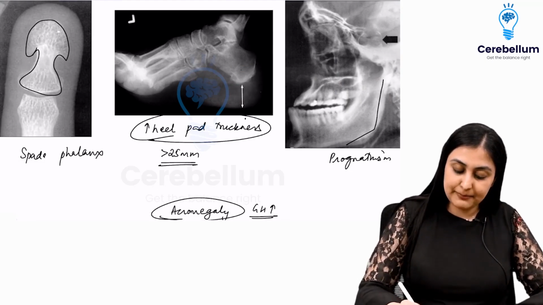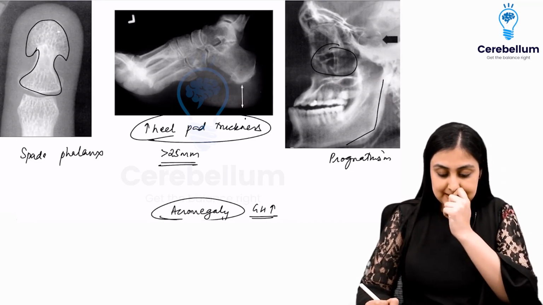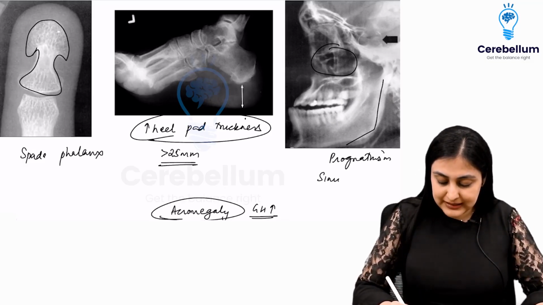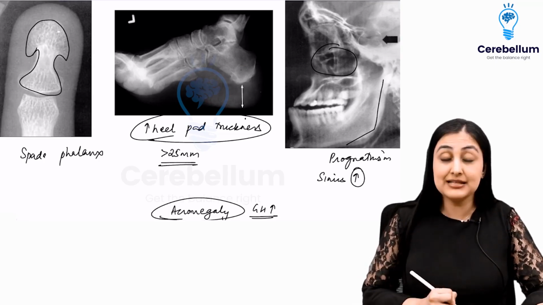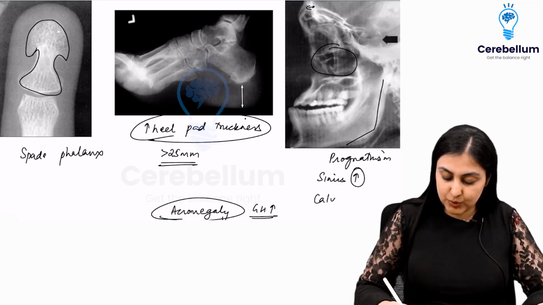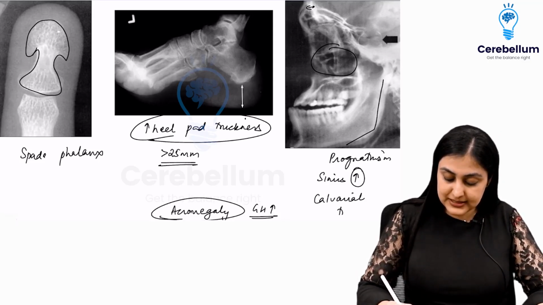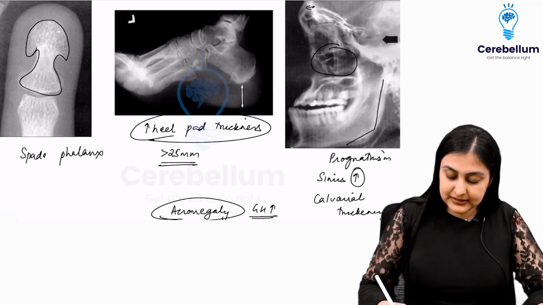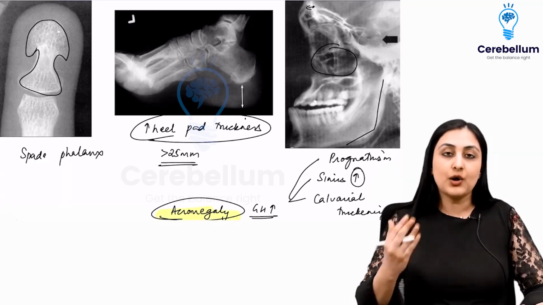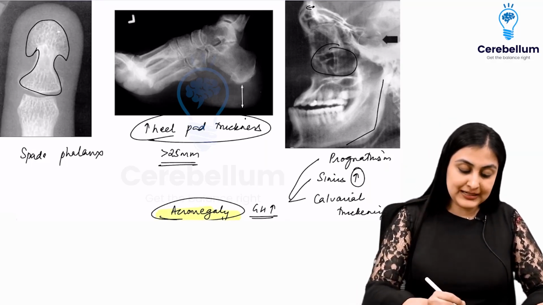You would see that the maxillary sinus and all of the other sinuses are going to proliferate, so there's an increase in the size of the paranasal sinuses. You would have calvarial thickening, the bony calvarium increasing in size. So calvarial thickening is seen, sinus hypertrophy, prognathism. These are all of the changes of acromegaly.